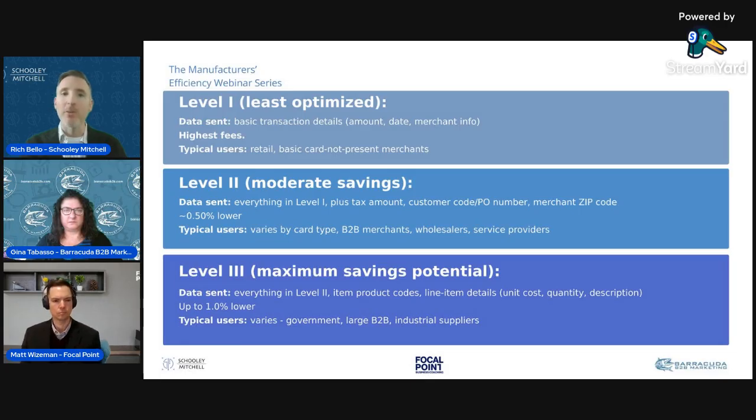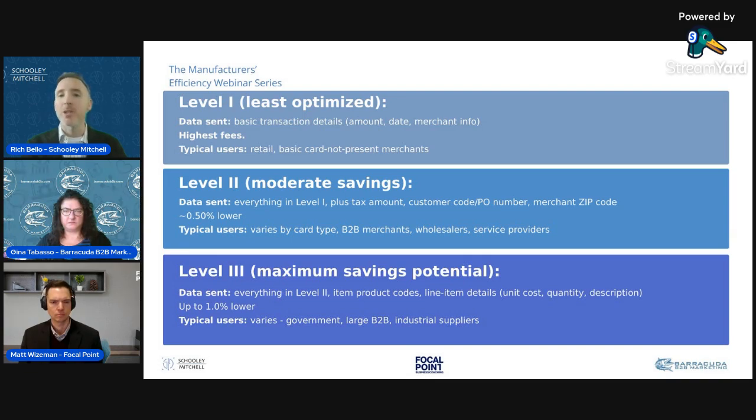So you see with level 1, basic transaction details. So the amount of the purchase, when it was purchased, and information about you as the seller, the merchant. And that's not going to generate the best rates because there's a lot of unknown essentially associated with that type of transaction.